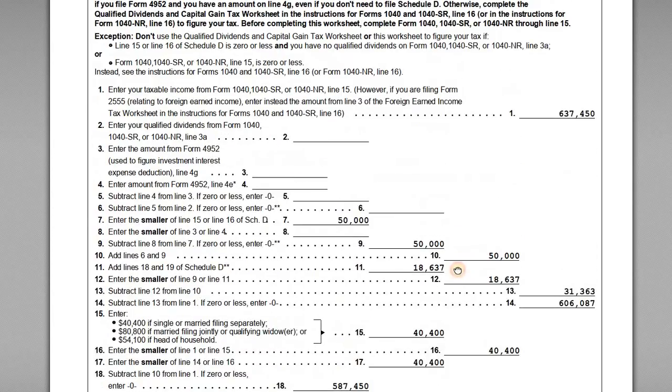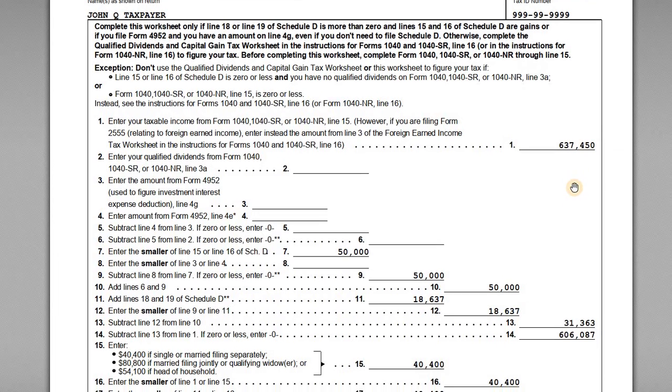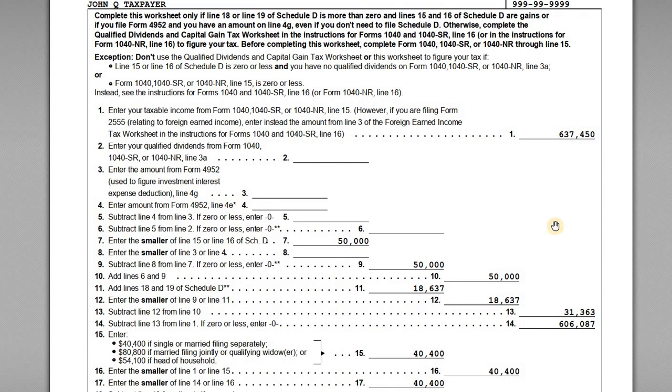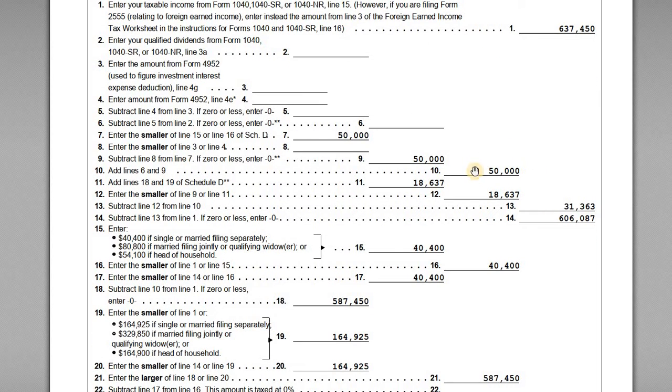So when we look at the Schedule D worksheet, the starting point is always the taxable income. So that's your income minus your standard deduction or your itemized deductions. So in this case, John's taxable income is $637,450, and then down here on these two line items we could see the breakout, right? $50,000 of long-term capital gain. That's the 1231 piece.